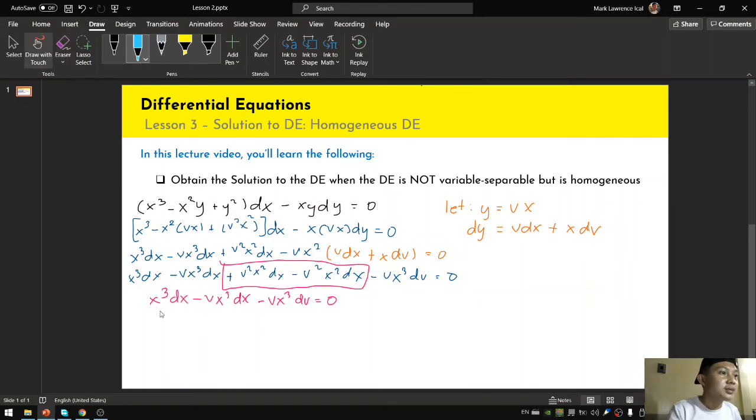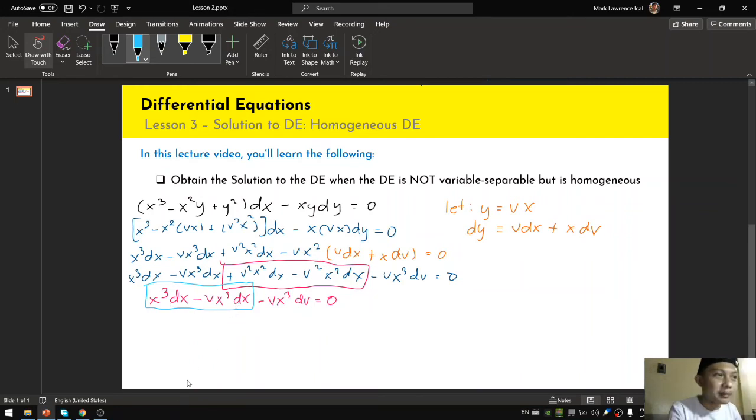Now, separable DE again, separate x from y. In this case, separate x from v. Okay? So, we have to think of how we can separate v from this one and x from this one. Because if you inspect, this is very easy. How about this one? Looking at this, we can see that the common factors are x cubed and dx.